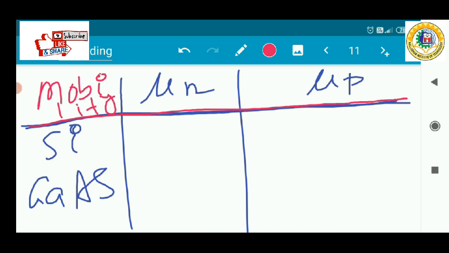As we know, the mass of an electron is obviously lower than the mass of a hole, which is considered a heavier particle, so the mobility of electrons will always be higher than the mobility of holes. So you can remember this with this concept.